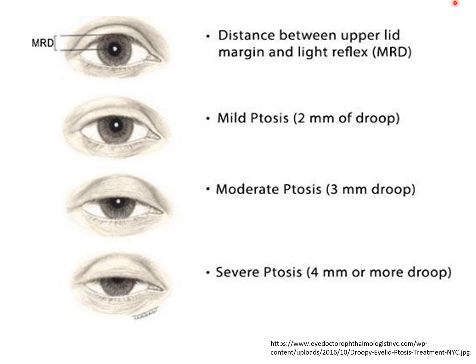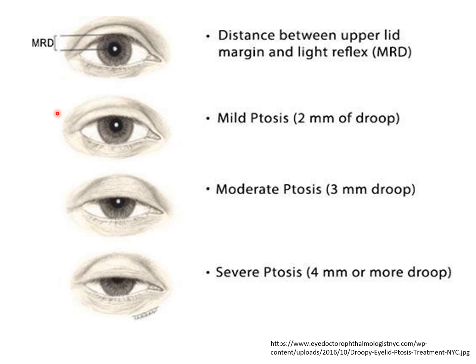Your MRD, or what we call your margin reflex distance, is the distance between the upper eyelid and the light reflex, which is found over your cornea. This is the reflection of light over the cornea.